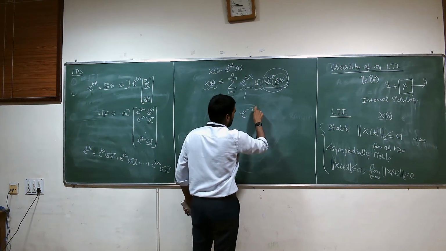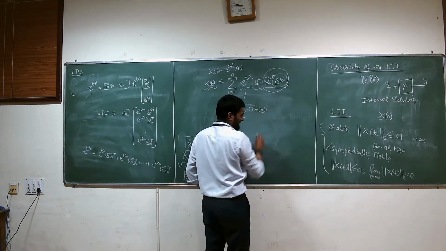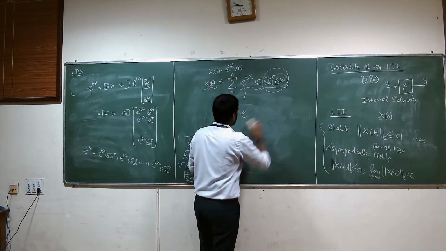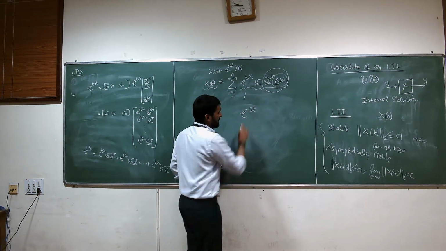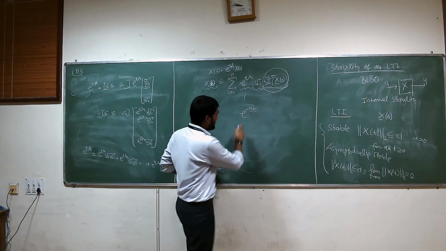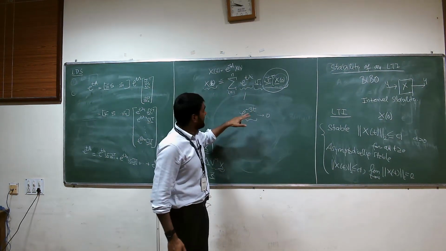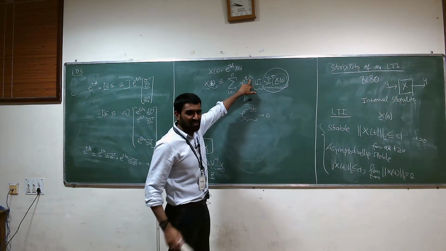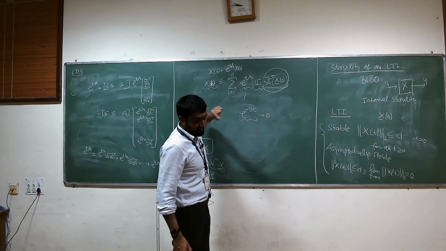Well, you could also have a complex term, but for now we'll not worry about the complex term. If your lambda i has a negative real part, then this term tends to 0 as time increases, right? If all your lambda i's have a negative real value, each of these exponential terms tends towards 0.